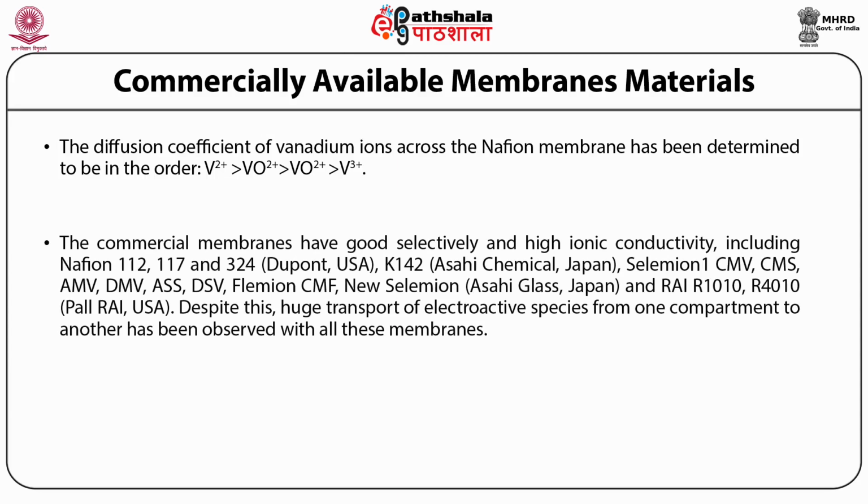The commercial membranes with good selectivity and high ionic conductivity include Nafion 112, 117, and 324, which are all from DuPont USA; K142 from Asahi Chemicals Japan; Selemion CMV, CMS, AMV, DMV, ASS, DSV, Flemion CMF, New Selemion from Asahi Glass Japan; and RAI R1010, R4010 from Pall RAI USA.